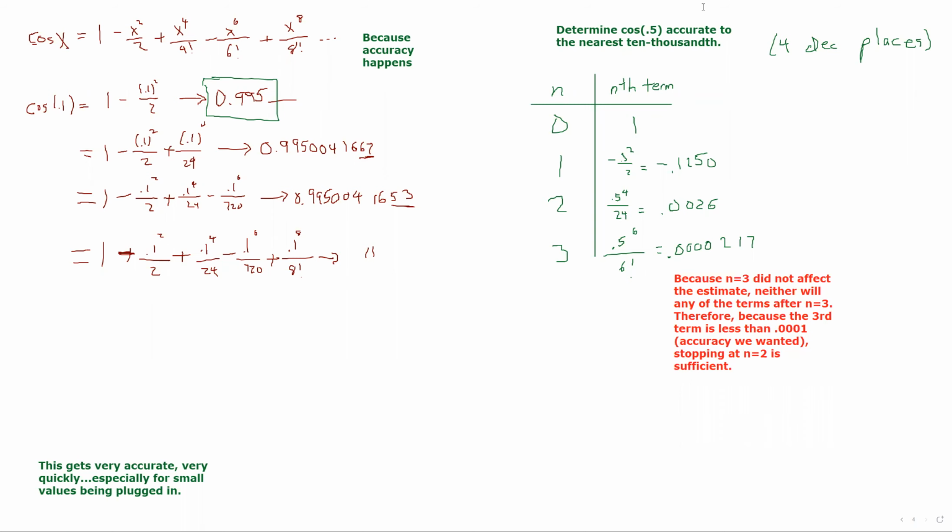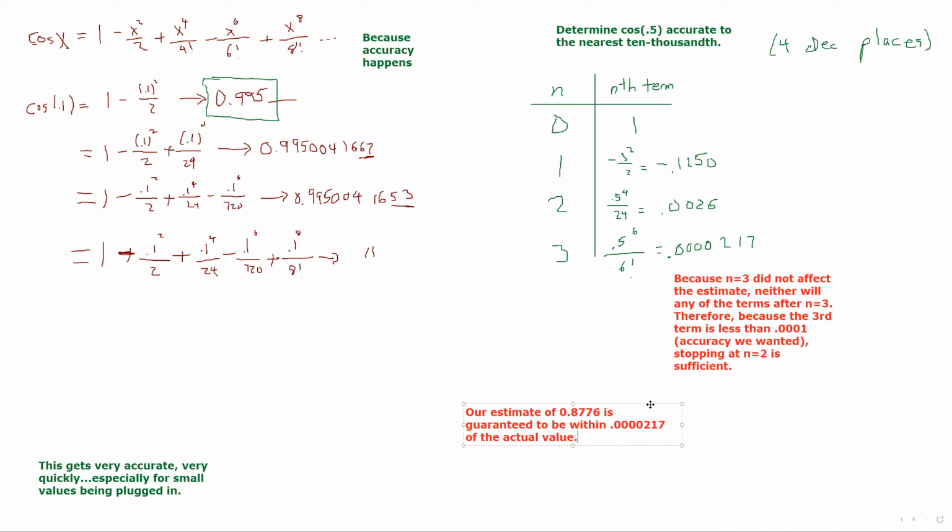We know that our estimate of 1 minus 0.125 plus 0.0026, so our estimate of 0.8776 is guaranteed to be within 0.0000217 of the actual value.